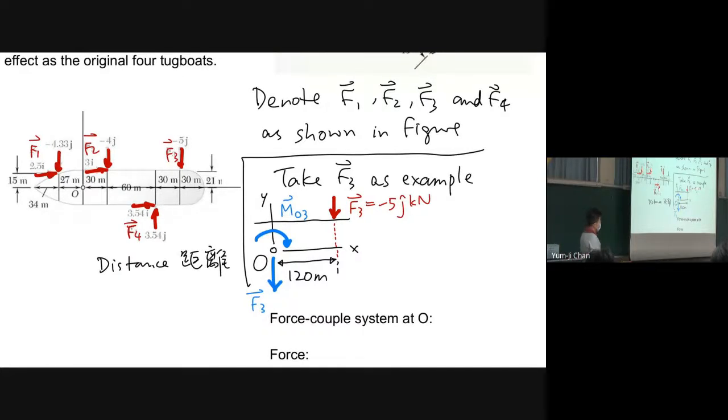Now the thing is to determine F3 and MO3.